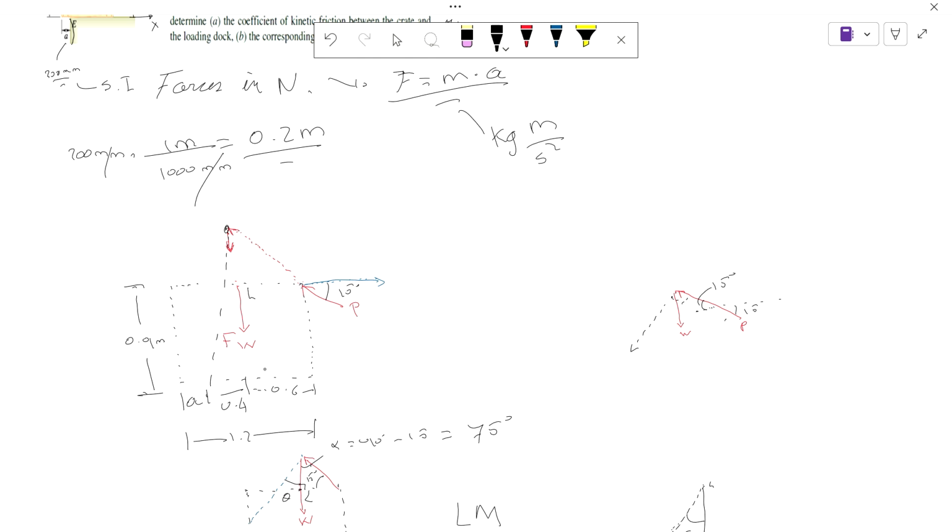So this is L, and let's call this point O. So what is this distance from here to here? The distance OL. We know that this is 15. We know that this is 75. So we can find this pretty easy because we have two angles and we have a distance of 0.6.